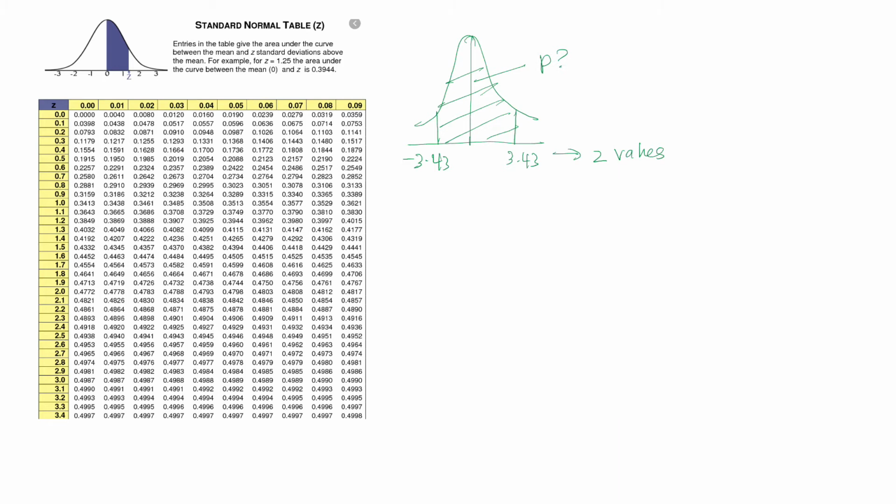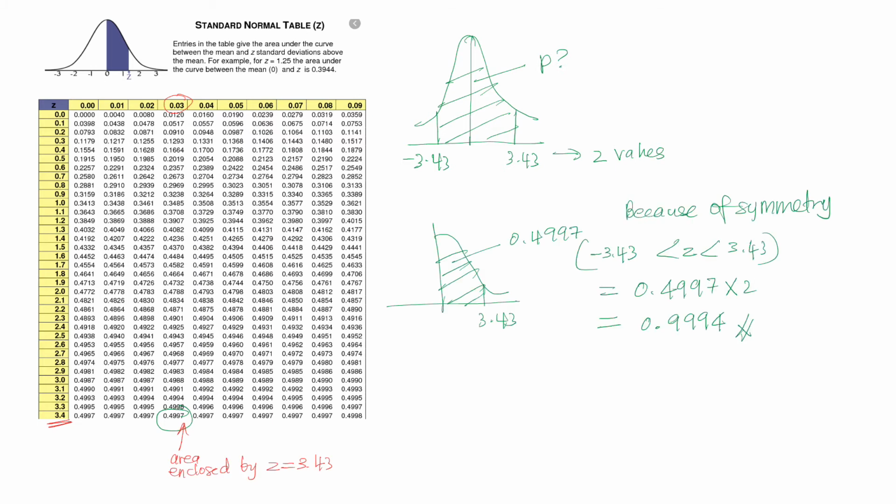In this case, we have to find the area enclosed by z equal to 3.43, where it is given in this table that the area is 0.4997. So we multiply the area by 2 because we want to find the area enclosed by minus 3.43 to 3.43. So the final answer is 0.9994. So that is the answer to this question.